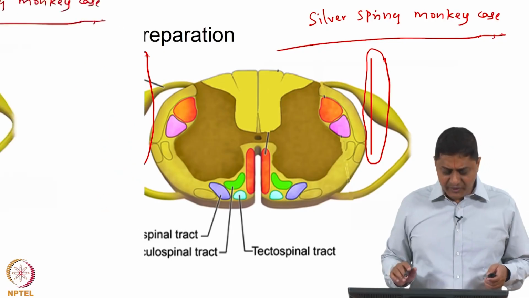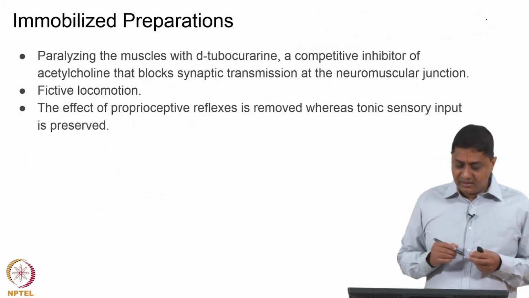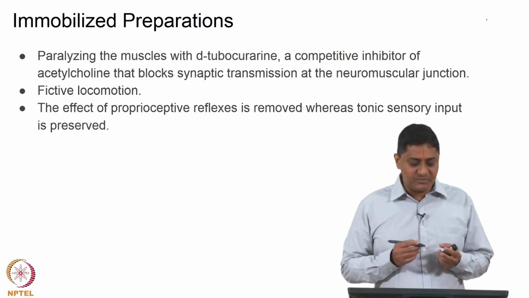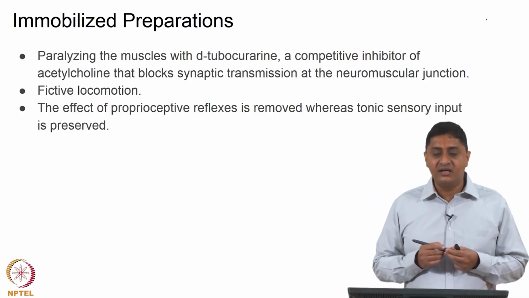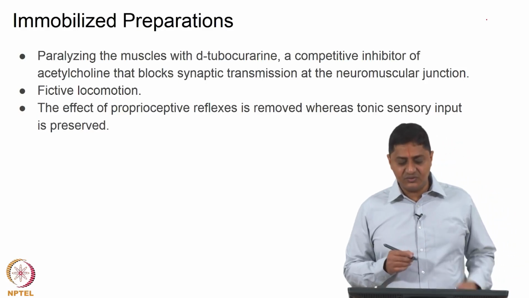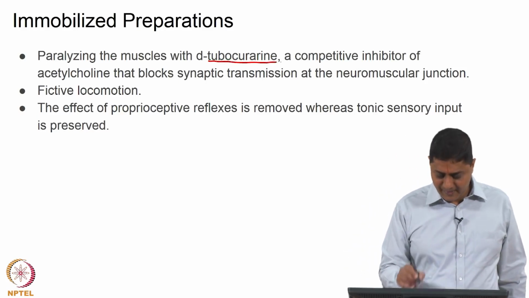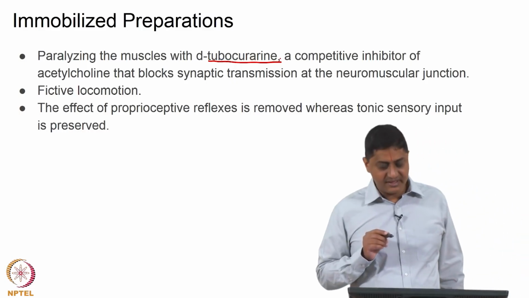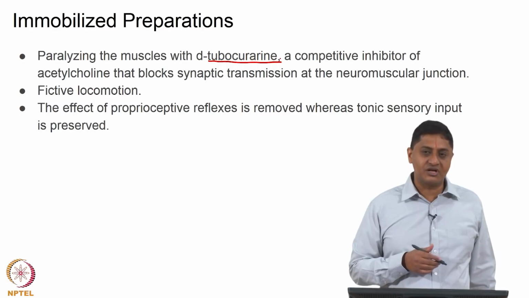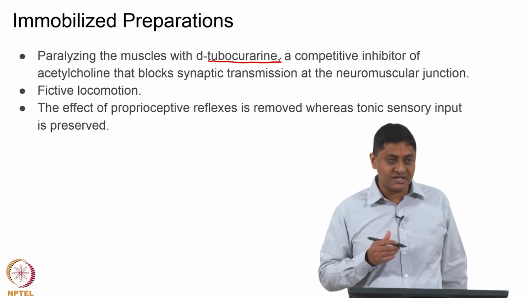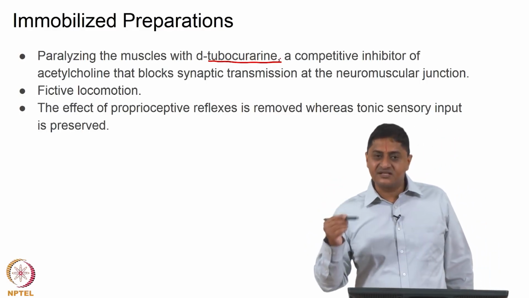Okay. Then the case of immobilized preparations. In these cases the animal is immobilized with the use of tubocurarine. We said what this does. Early on we studied this when we discussed the neuromuscular junction and what could go wrong.